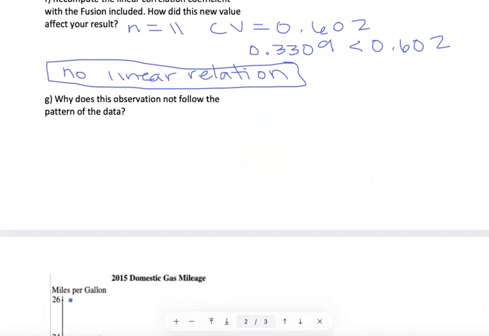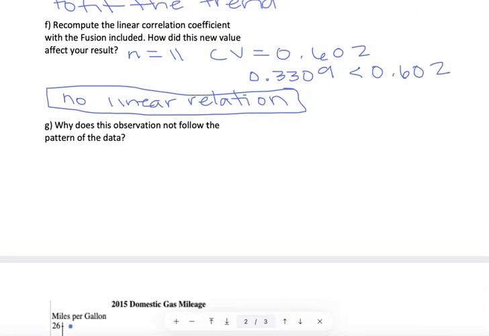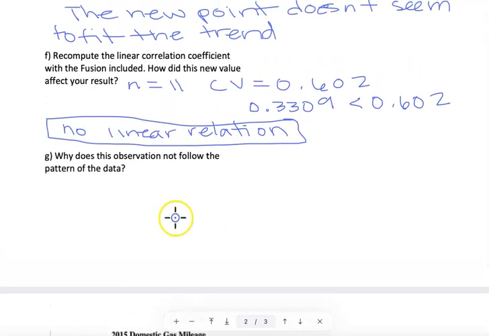So we've practiced that r and whatnot twice. Why does this observation not follow the pattern of data? So again, with questions like this in your homework, you might have a different answer than I do.